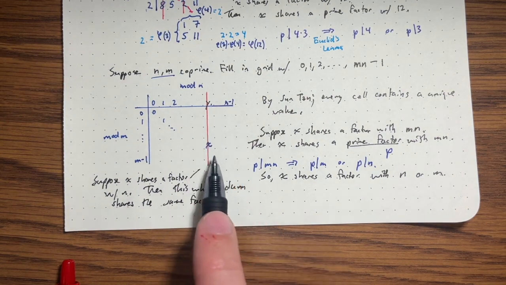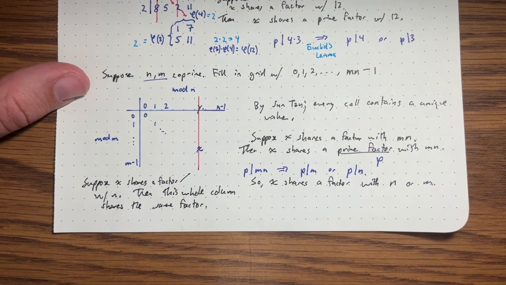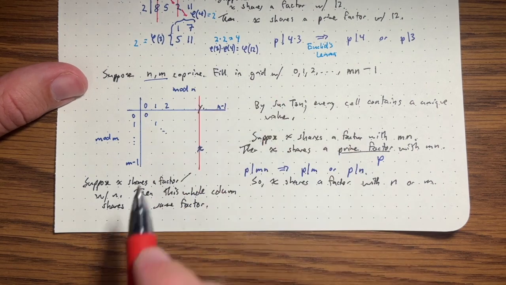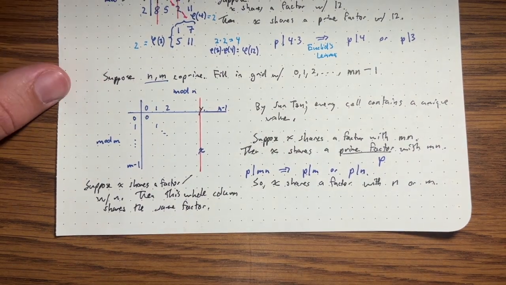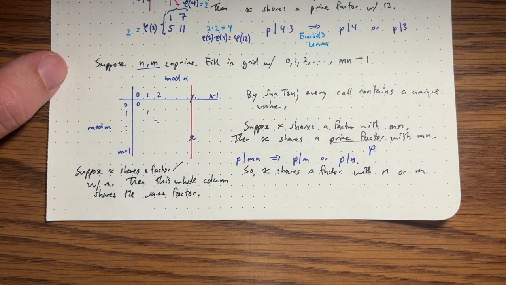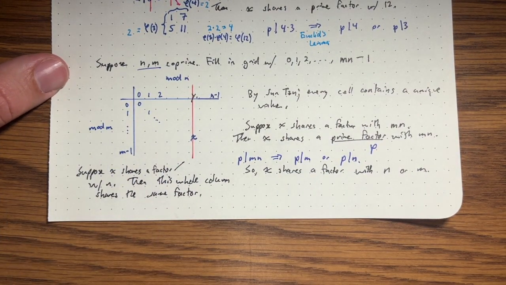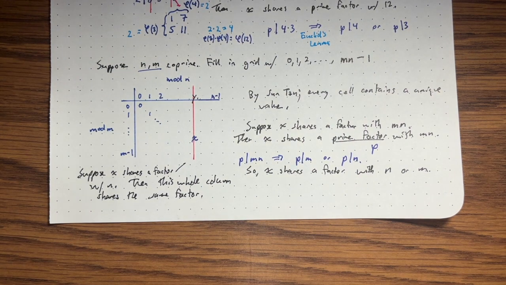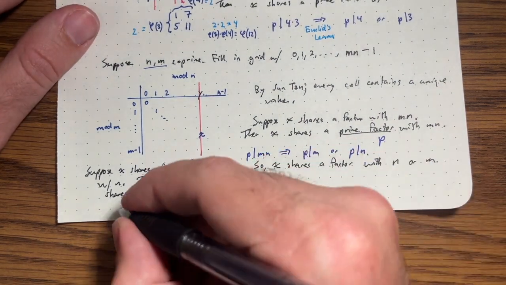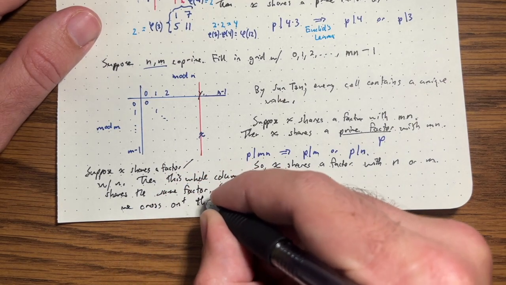So you can write it as a sum of x and n, or a difference of x and n. Meaning I can cross out that whole column, just like I could do here. If instead it shared a factor with m, I would be crossing out the entire row. So we cross out the whole column.